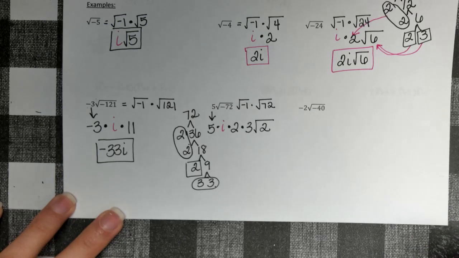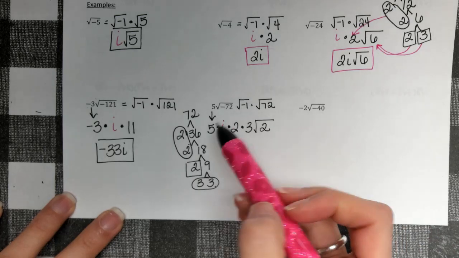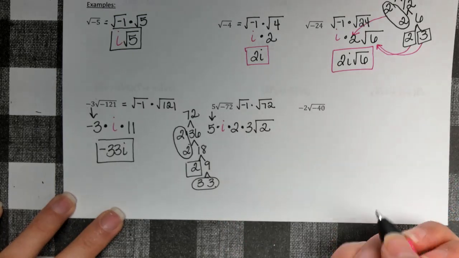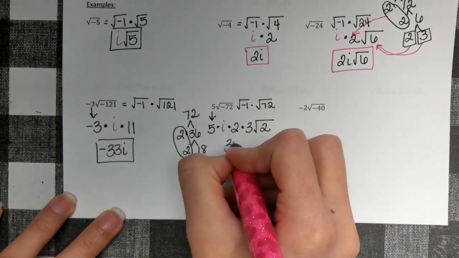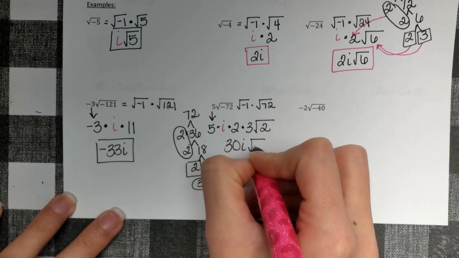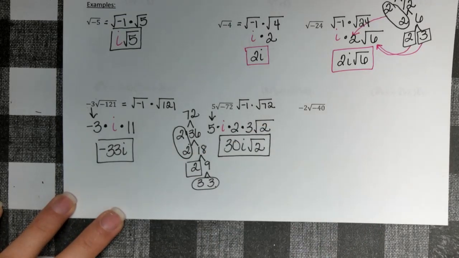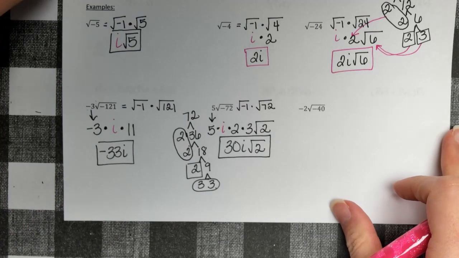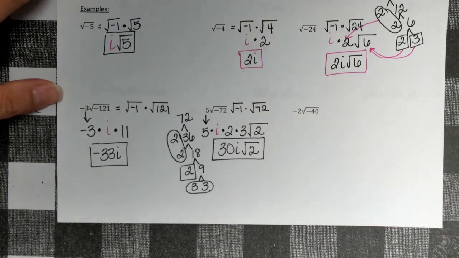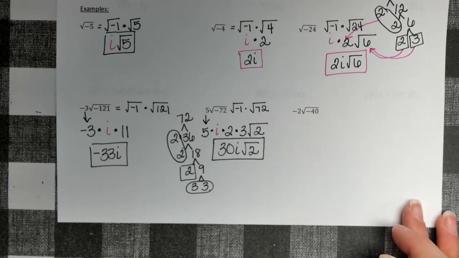You'll follow me? Okay. So 5 times 2 times 3 is going to give me 30i square root of 2. Okay, y'all do the next one, and then we're going to check it.